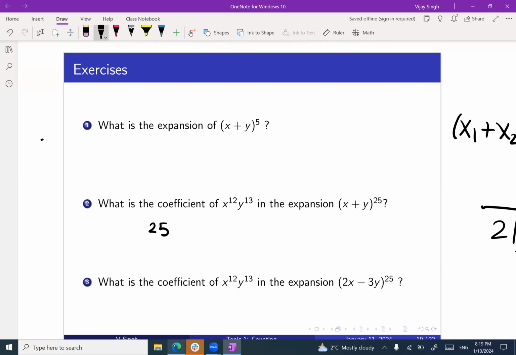So the answer would be what? 25 choose 12. And this is same as what? This is same as 25 choose what? 13. These two numbers are exactly the same, right? Because 12 plus 13 is 25. So either you choose 12 to get, or you choose 13 to discard. Okay, so this is the case. Does that make sense?